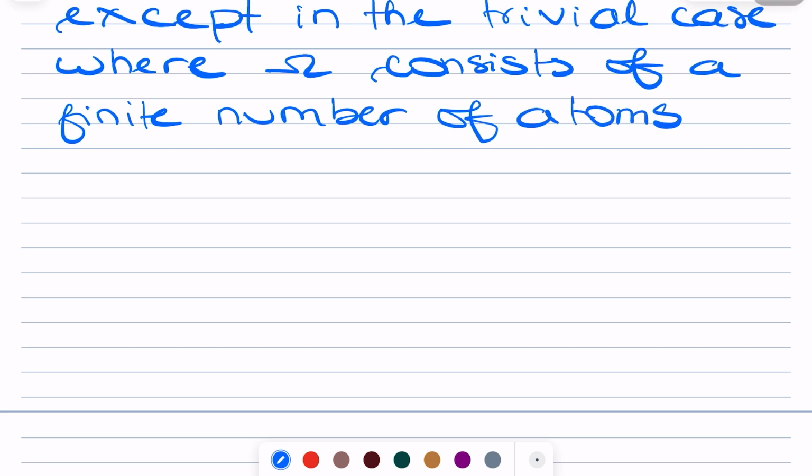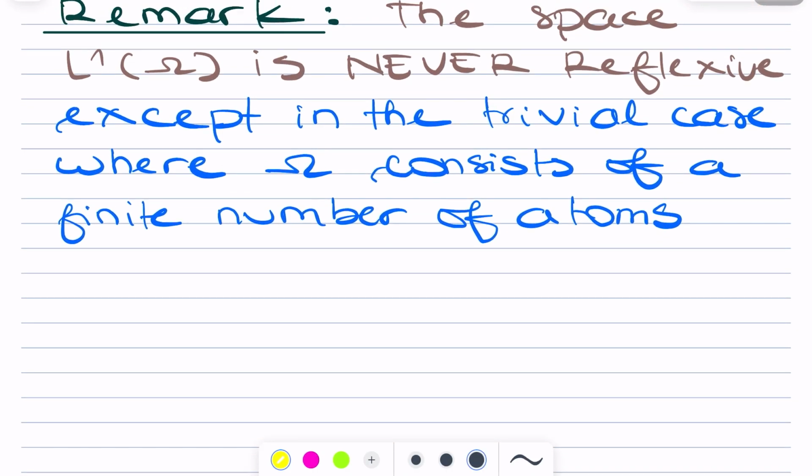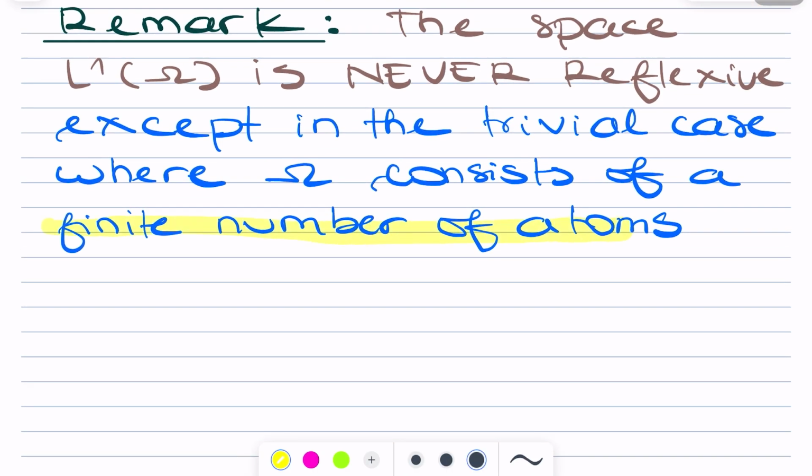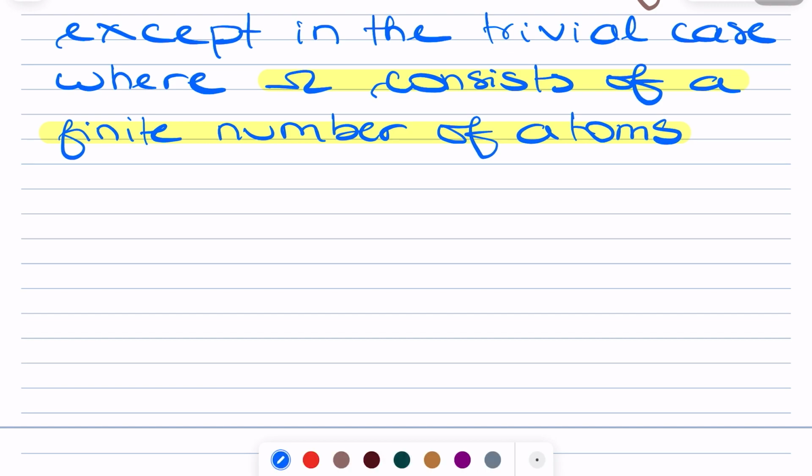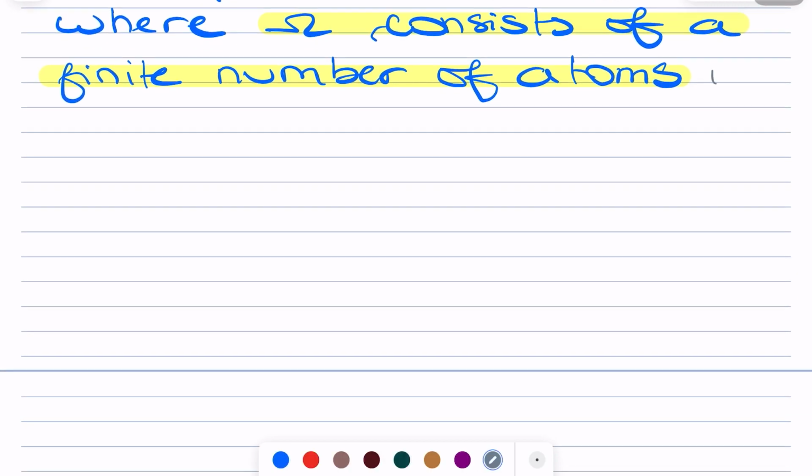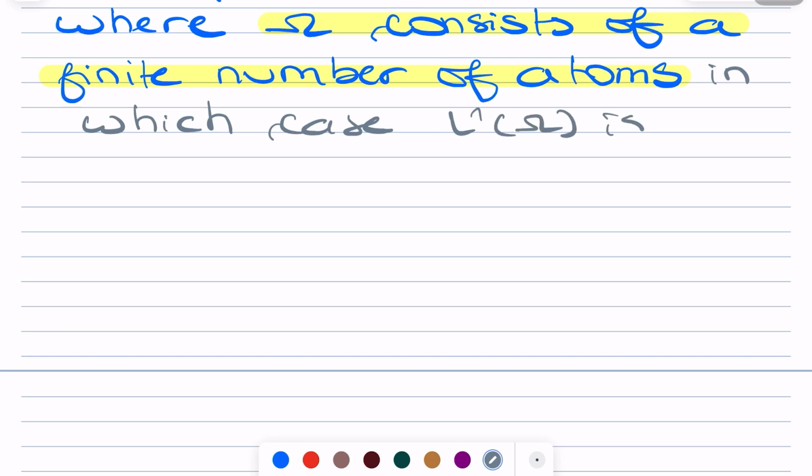So let me just highlight that. You have reflexivity of the L1 space if and only if omega consists of a finite number of atoms, in which case L1 of omega is finite dimensional.